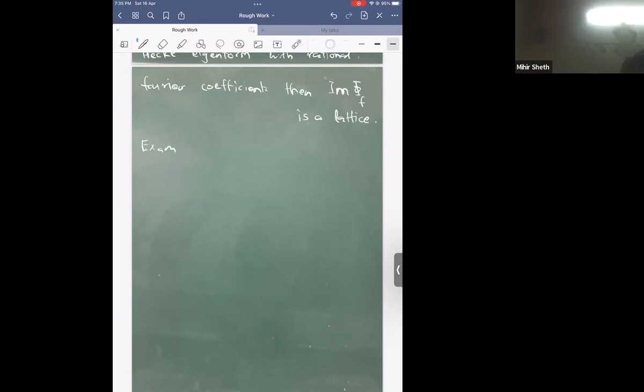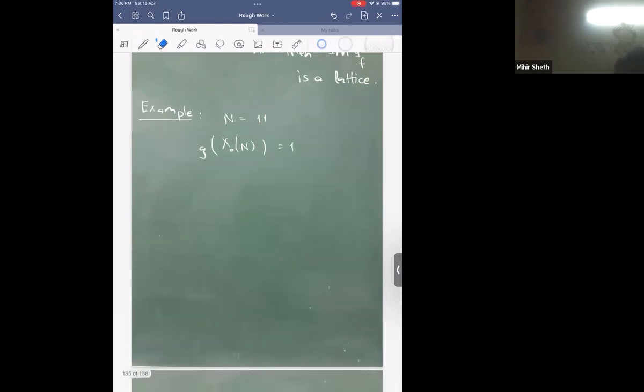An example I wanted to briefly discuss is the following, which they discuss in the book. They consider N equal to 11. In that case, X_0(11) has genus 1, and therefore the space of cusp forms for Gamma_0(11) is one dimensional.